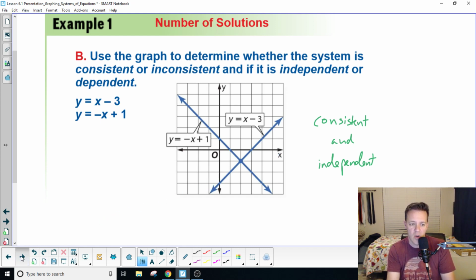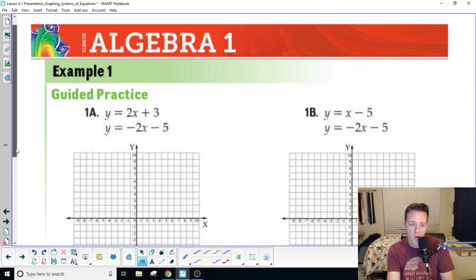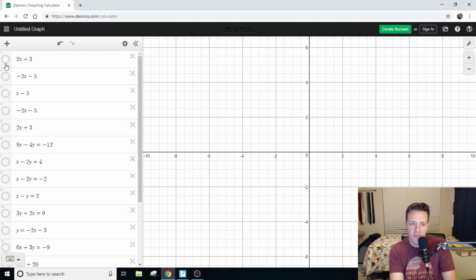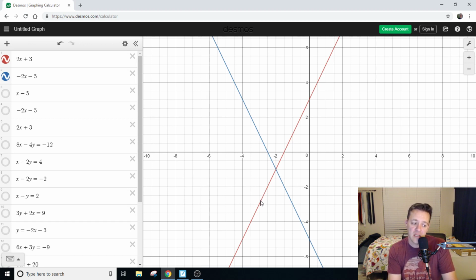Now what I want you to do is go into Desmos and graph these. If you want to write these equations, you can, because you're given the y-intercepts and your slopes, so some of you might be able to do that, but for everybody else, go ahead and check out Desmos. On Desmos, ladies and gentlemen, our first two equations are going to be consistent and independent.